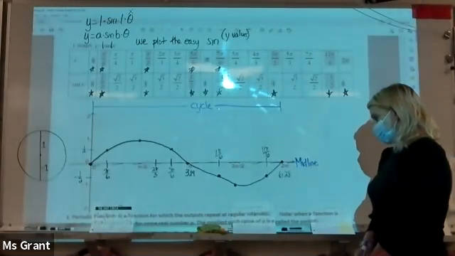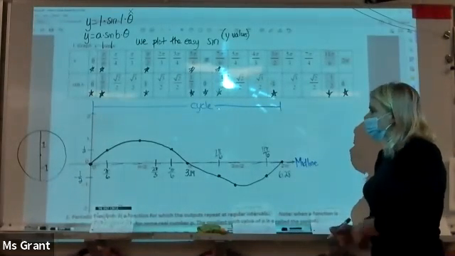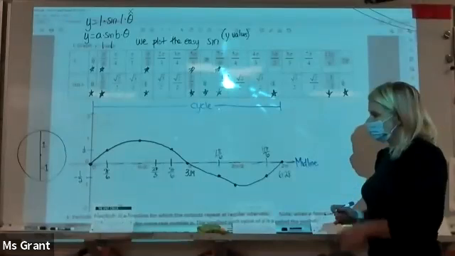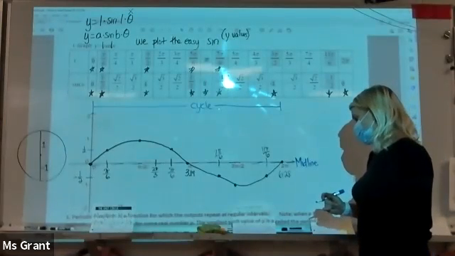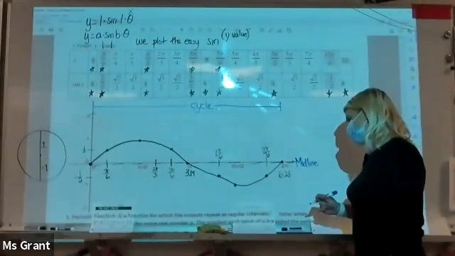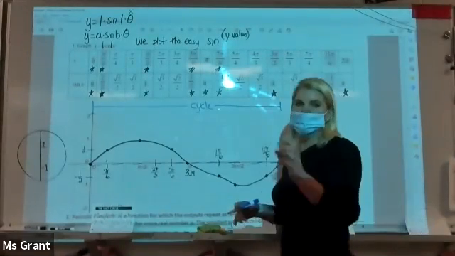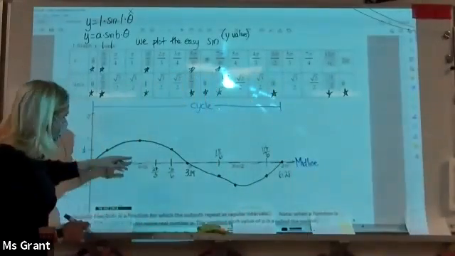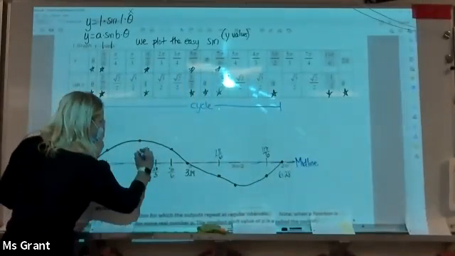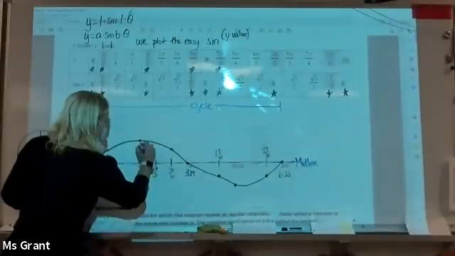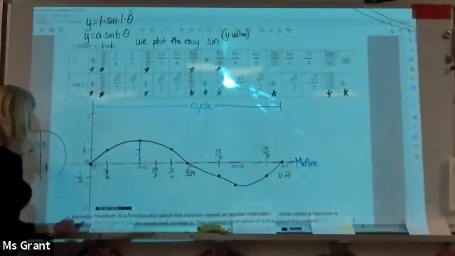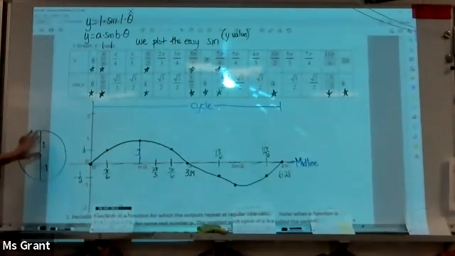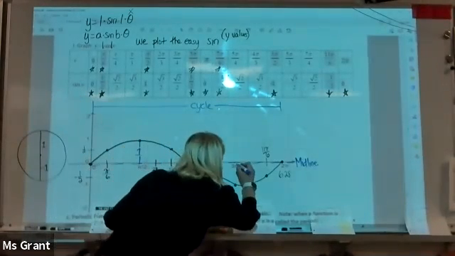Now, another word, amplitude. The amplitude means basically from my midline to the highest point. So this one right here, I went up 1. Isn't my unit circle 1 up, and down below?